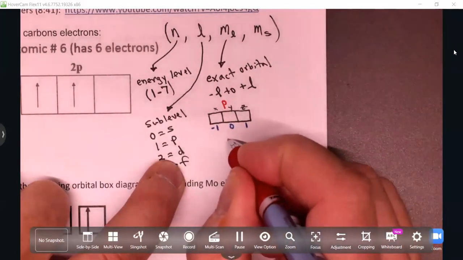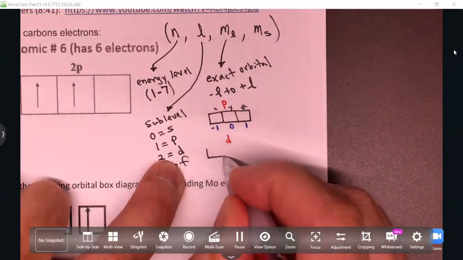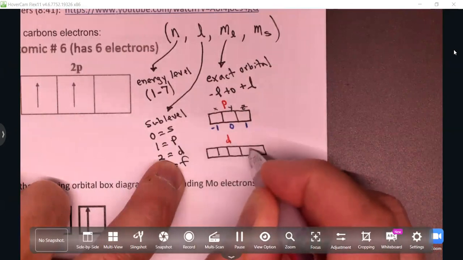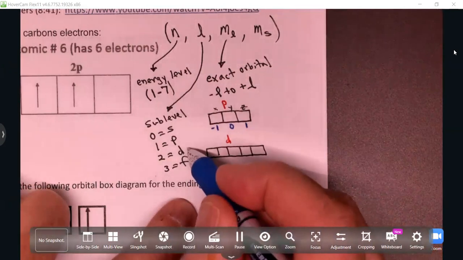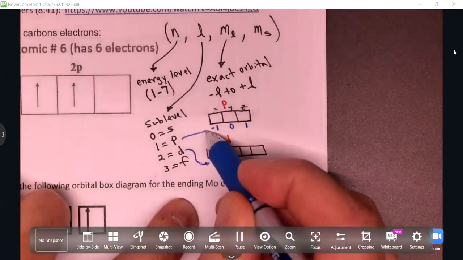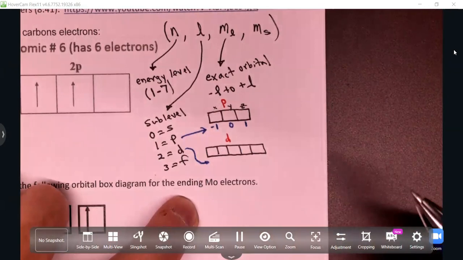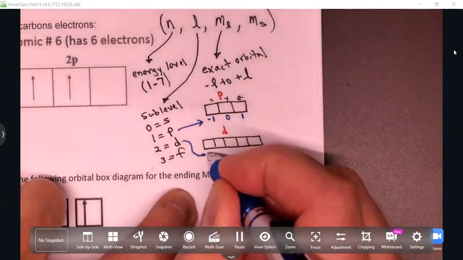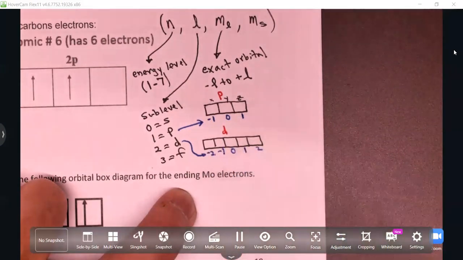If we do a d, how many different d orbitals do we have? 5, right? Then, if we are in a d, to signify the specific orbital, this would be -2, -1, 0, 1, 2.